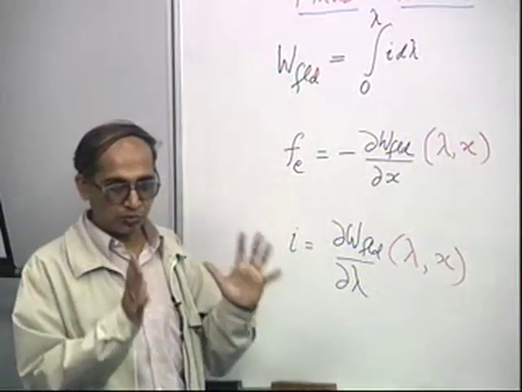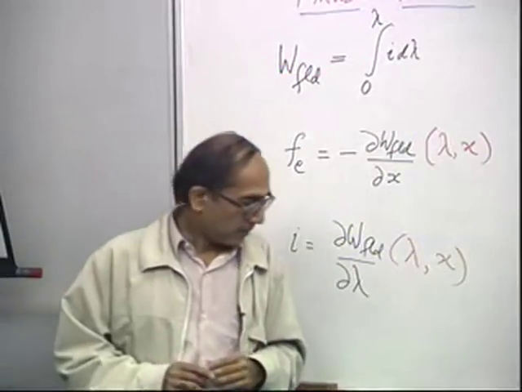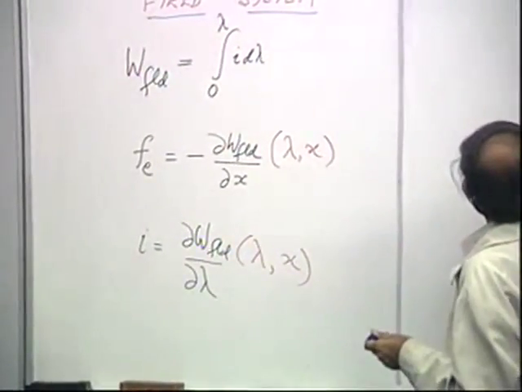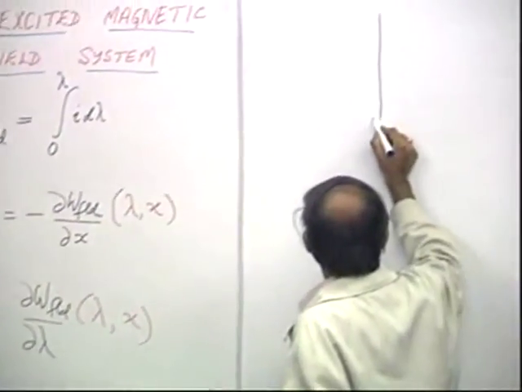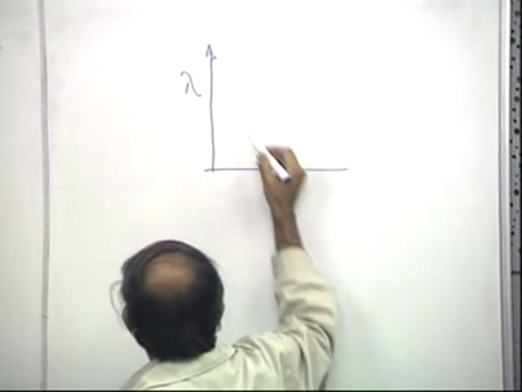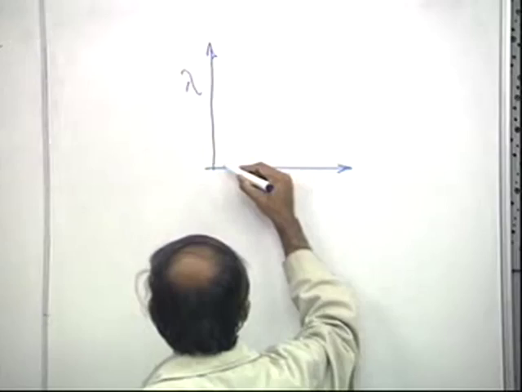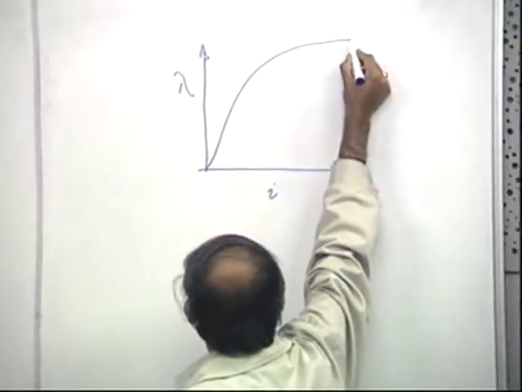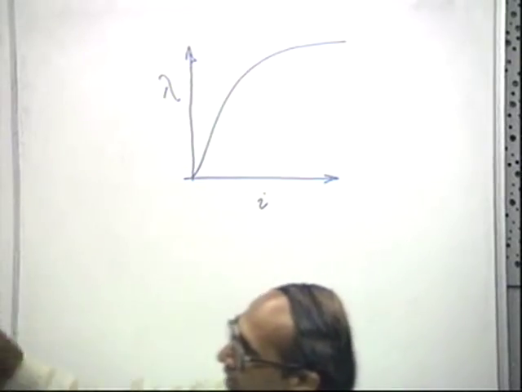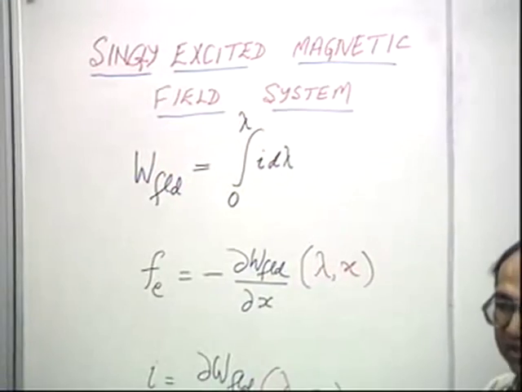Okay, so this is what we have learned in the last class. Now we have also seen that there is a variation of lambda with current, which typically goes like this for a given x. If you hold x constant in a system like this, it varies in this fashion.